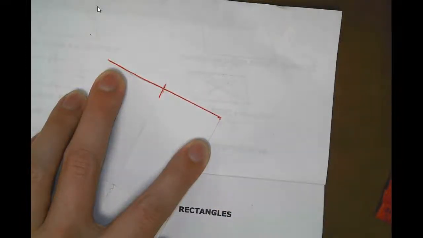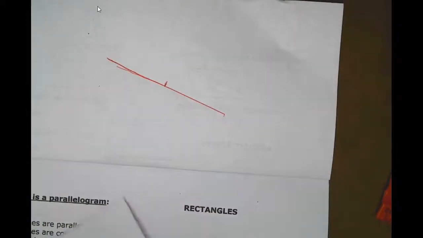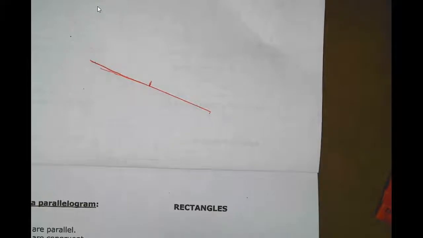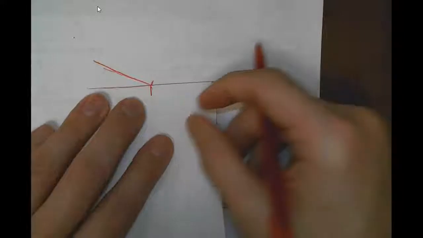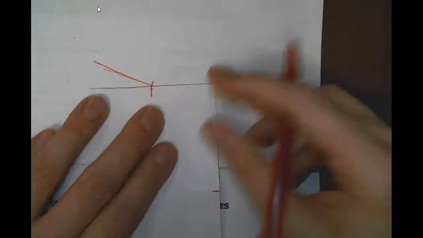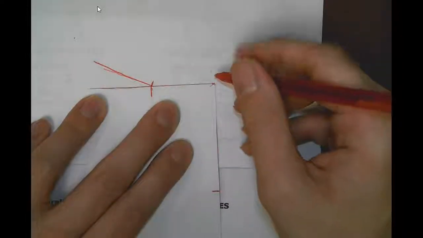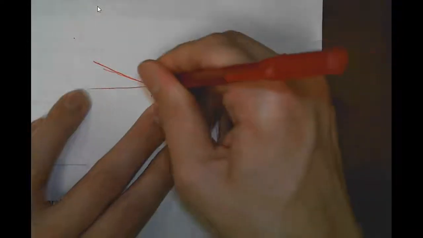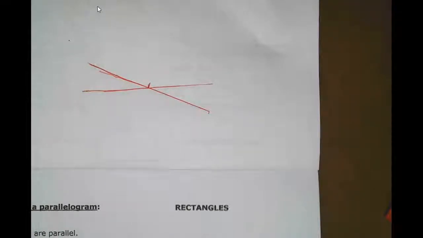Next I'm going to draw another one using the same side. Try to make it a little bit narrower. Line it up so the diagonals bisect each other. And then draw this. Man, I am just not doing a very good job with this.